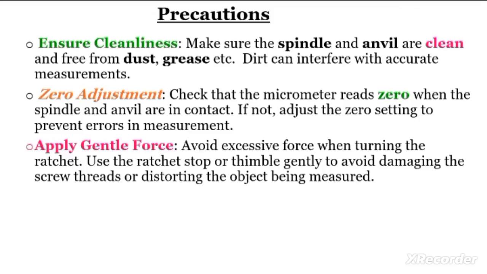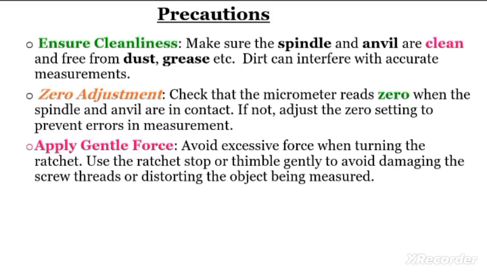Okay, the last precaution that we need to consider: apply gentle force. Avoid excessive force when turning the ratchet. So we need to be gentle when turning the ratchet. Don't apply excess force.